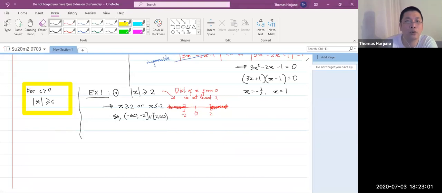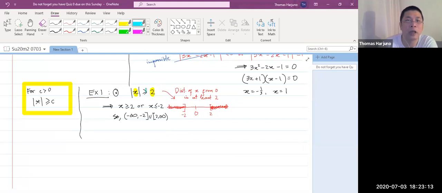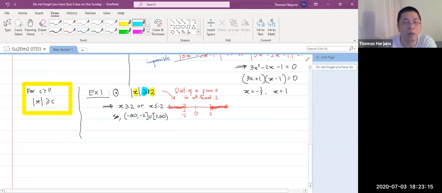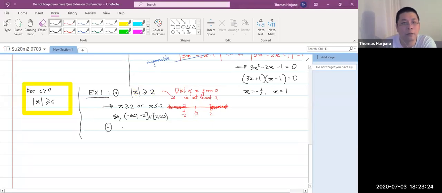Now what I plan to do next, just like before, is change this into another linear expression, and change this into another positive number. I may use the equal sign, I may not, but it will be greater than. Suppose, for example, I have absolute value of 3x plus 4 greater than, let's say, 5. I randomly pick numbers.